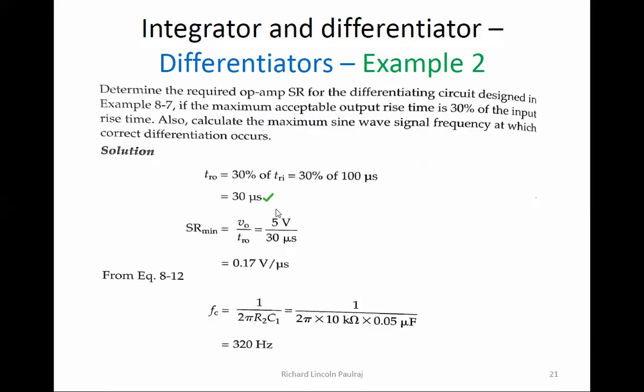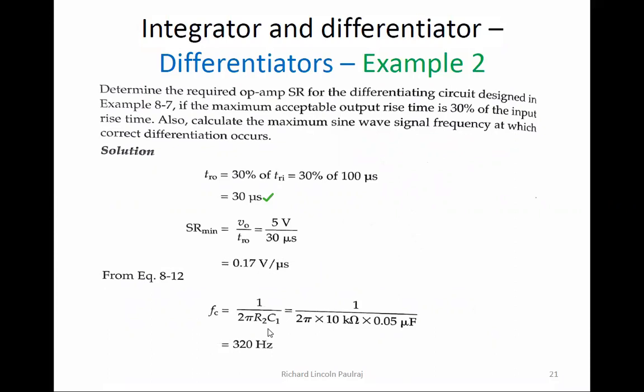So 5 volts divided by 30. How did I get 5 from the previous one? So my slew rate is about 0.17 volts per microsecond. For every microsecond, there is going to be about 0.17 volts of slew rate.